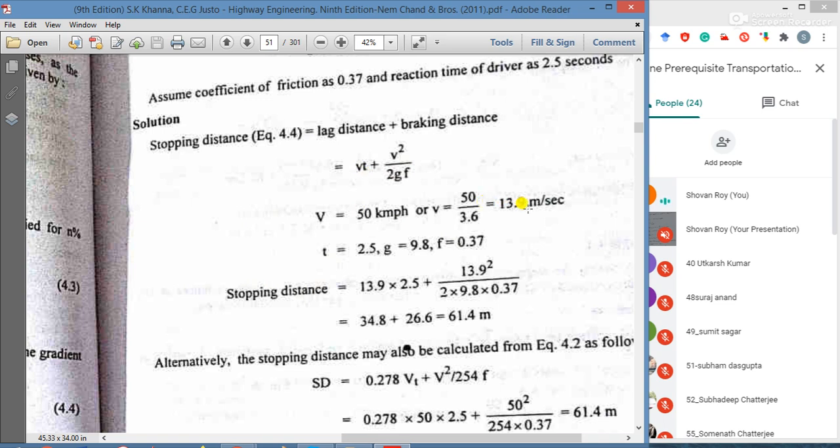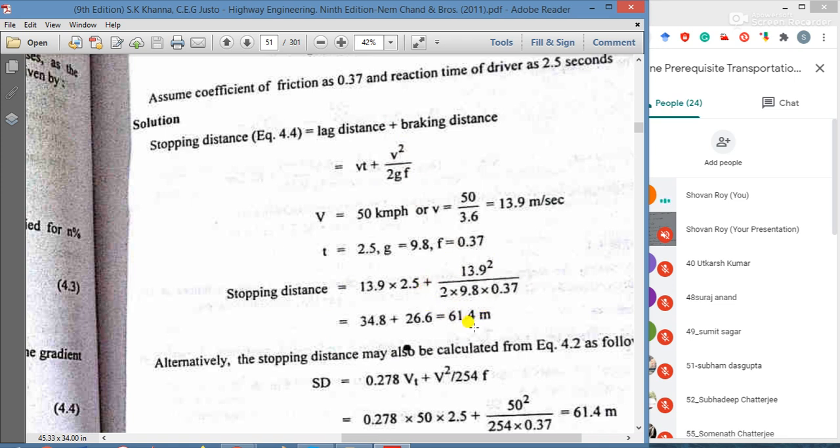After conversion, V is 13.9. 13.9 into 2.5, plus 13.9 square by 2 into 9.8 into 0.37. So this is the safe stopping distance, 61.4 meter.